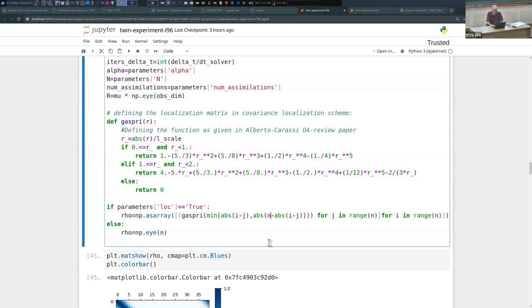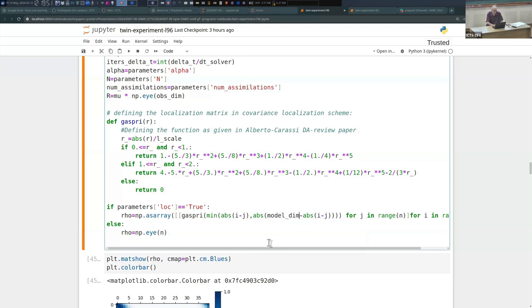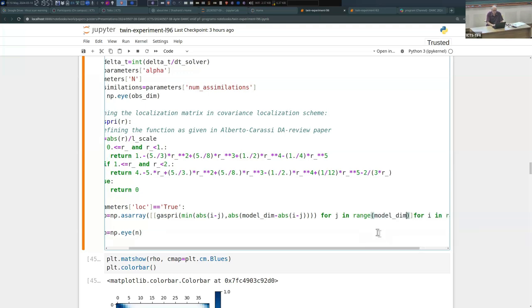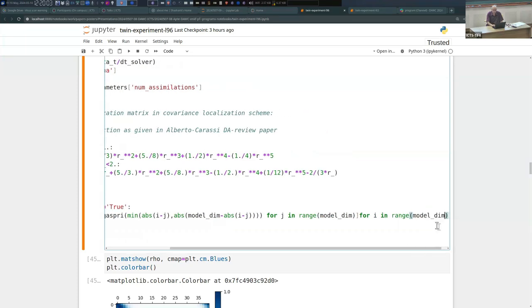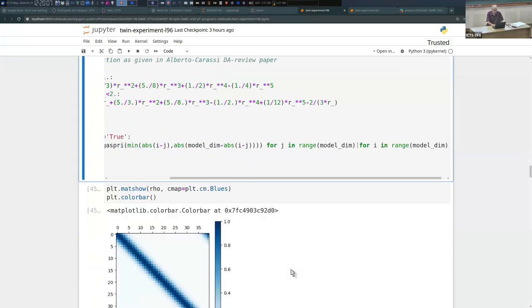Yes, of course. So this should be model dim. This n should be model dim. This n should be model dim. Okay, there. I hope now that is okay.